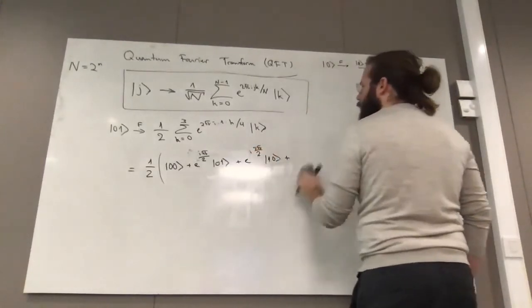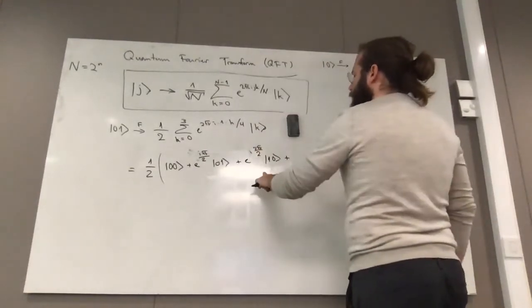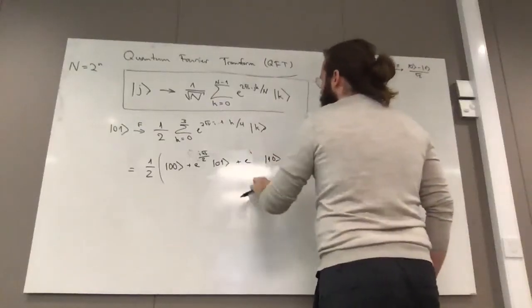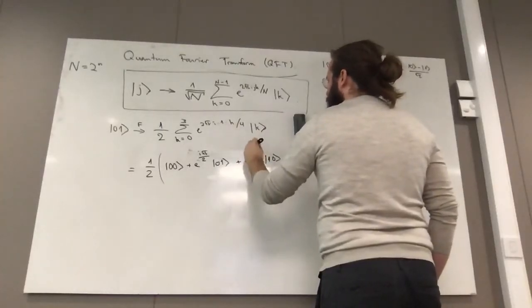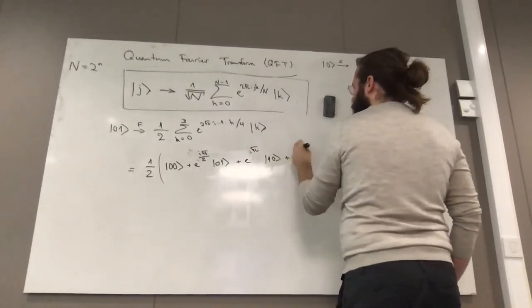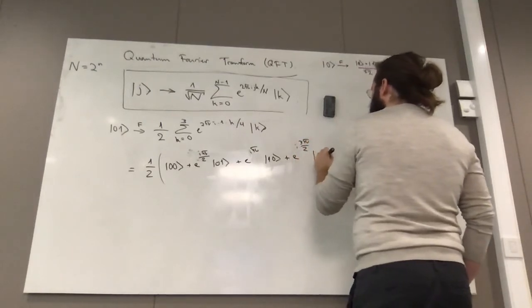And then for the final one, I think it's just 2 times pi 2 I over 4, so it's pi I. Yes, that's a mistake. And the last one, there we get the thing I was trying to write down: 3 pi over 2. That makes way more sense.